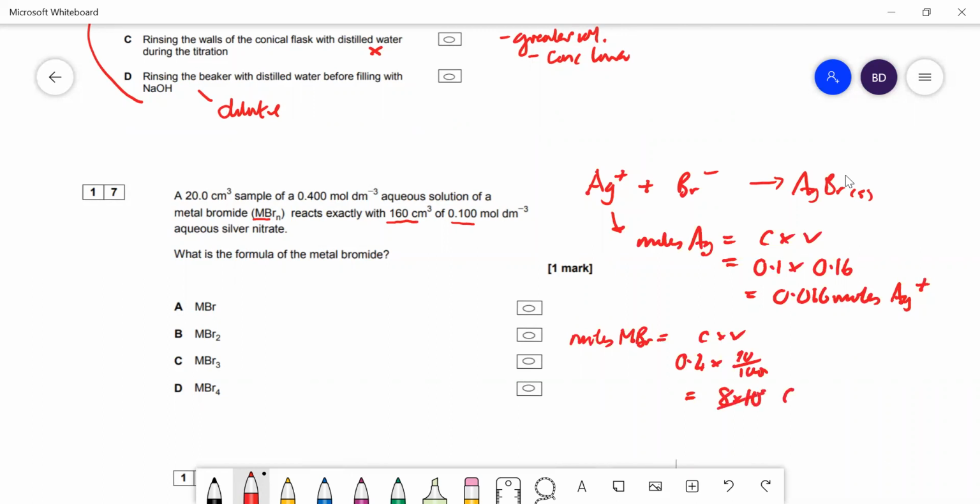Let's write it down as 0.008 moles of MBrX. Now look, we can see that these react in a 1 to 2 ratio. So that means it contains 2 moles of Br minus ions. So the formula is this one, MBr2.